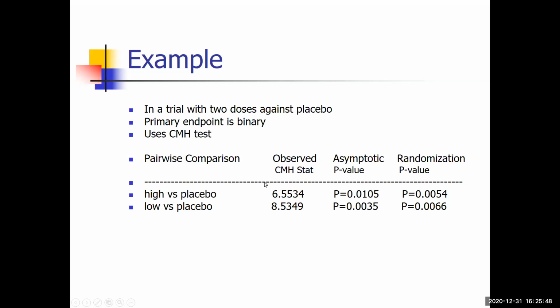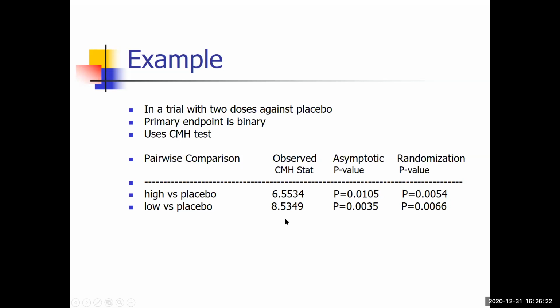For the CMH test, we're using a chi-square test with 1 degree of freedom. With alpha being 0.05, the critical point is about 3.84. We got a chi-square value of 6.5534, which is pretty good. For the low dose against placebo, we got 8.5349. So we got statistical significance in both doses.